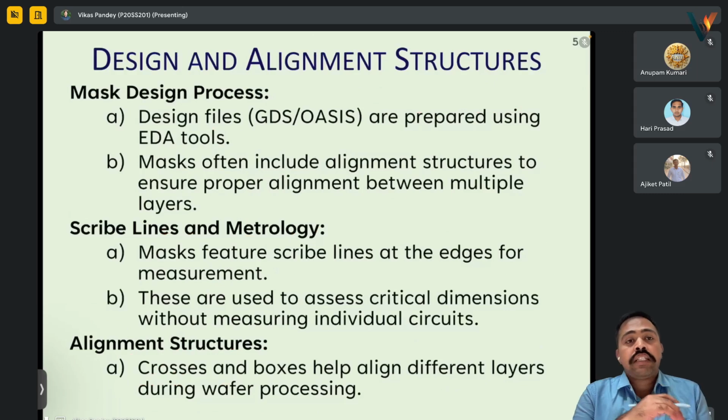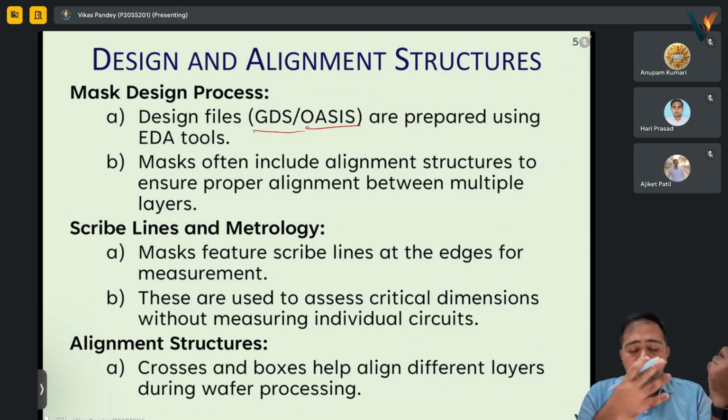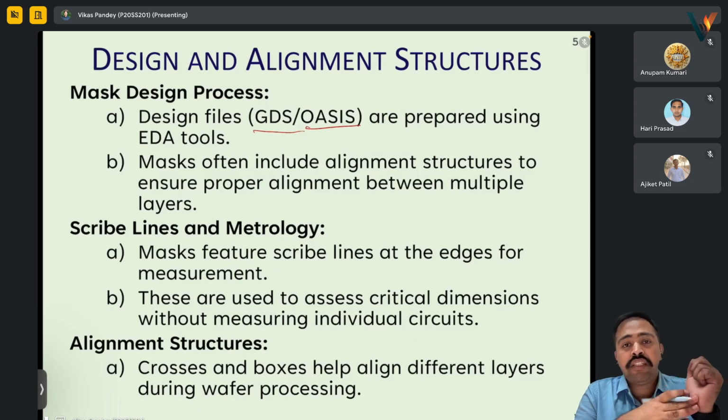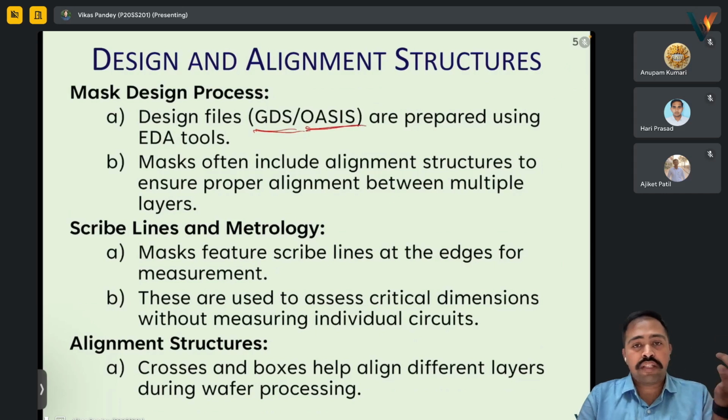Then the next is the design and the alignment structure. Design files like GDS, OASIS are some common design formats. Like for a movie we have MKV or MP4, for an image we have JPG, PNG, for design files they are GDS or OASIS.